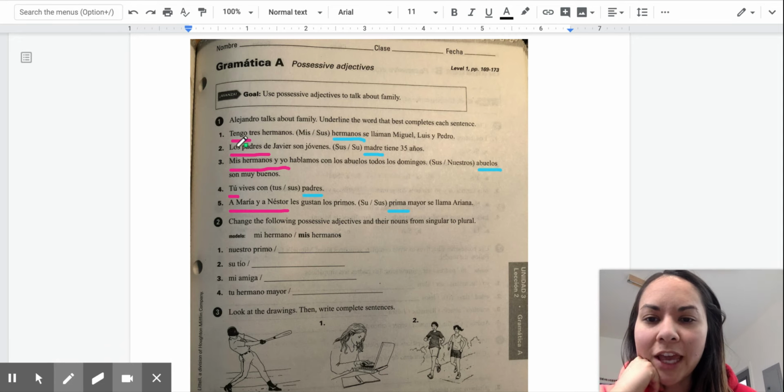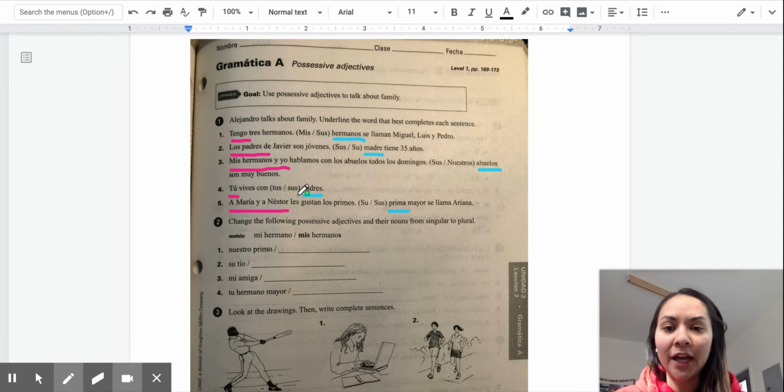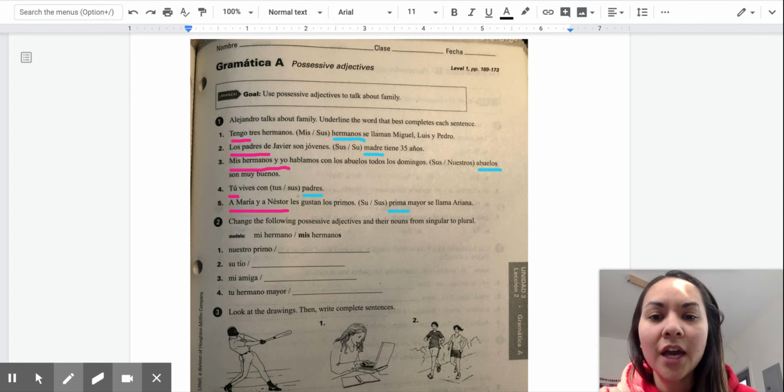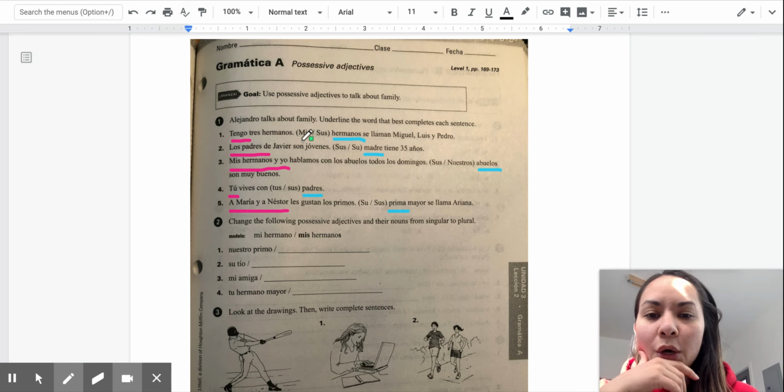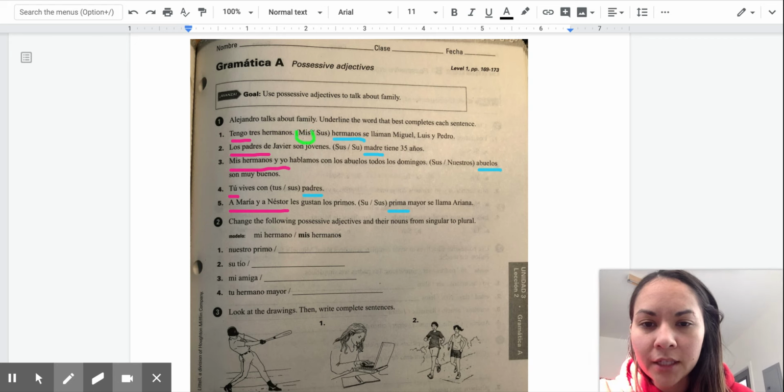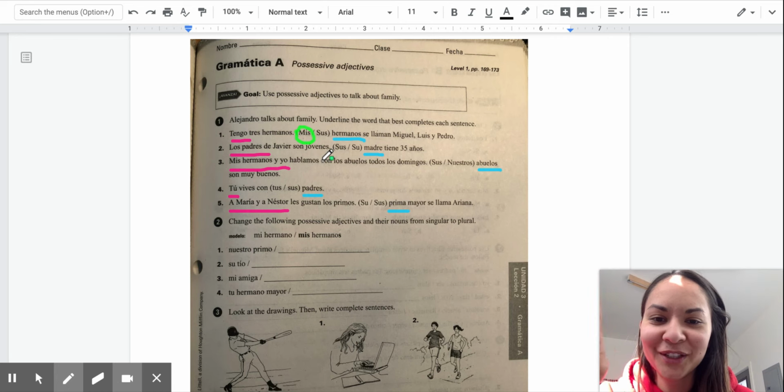So, tengo, is that going to apply to mi, tu, su, nuestro, or su? Okay, that's going to apply to me. So yo and me, they're in the same bracket, right? So yo tengo tres hermanos, right? We actually already know that it's going to be mis, but just to clarify, haz un círculo.